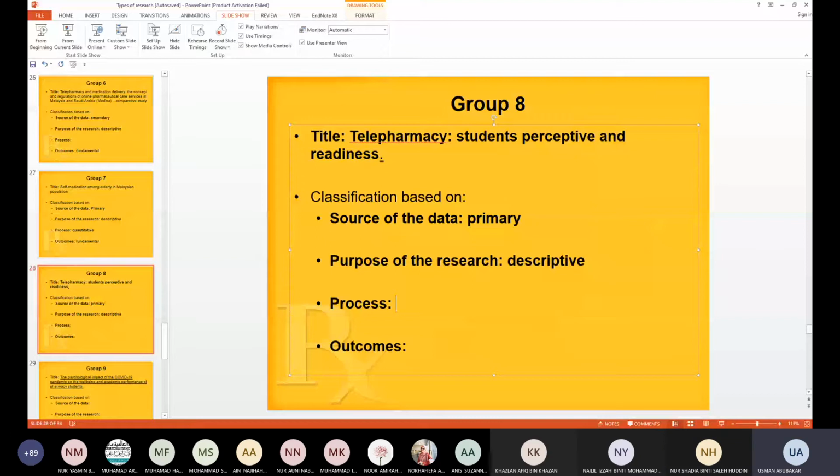This is perspective, right? Is the title perspective or perception? How about the outcome? Fundamental and basic. Very good.